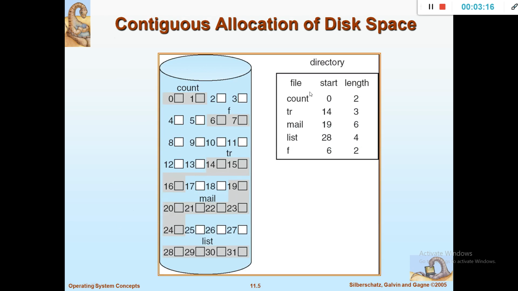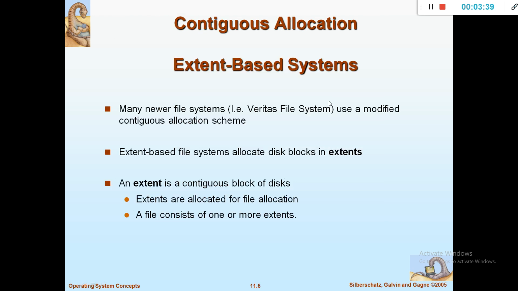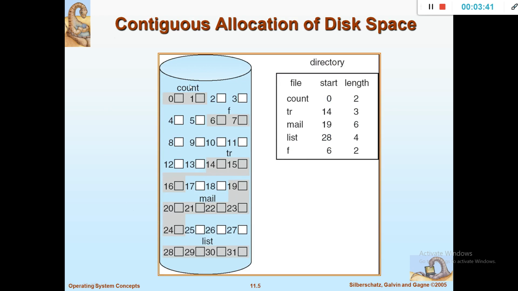This is one example of how disk space is allocated contiguously. Consider a directory we are going to maintain: what files we have on the disk, and what the length of each file is, meaning the blocks allocated. There is a file called count, and the length of the file is 2 blocks, starting from the 0th block, so blocks 0 and 1 are used for the count file.